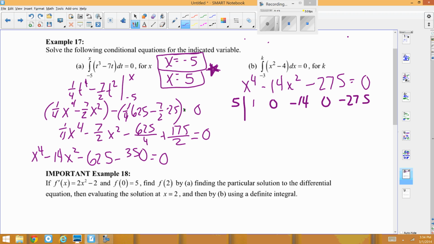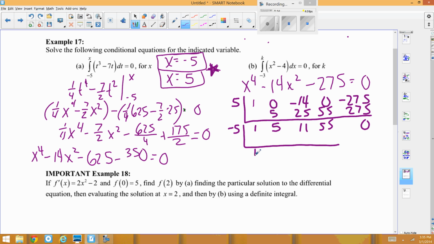All right, let's do synthetic division with 5. 1, 5, 5, 25, 11, 55, 55, 275. Whoa, look at that. Now let's do -5. 1, -5, 0. Oh, always a good number. 0, 11, -55, 0. Great. So now we have x squared plus 11.